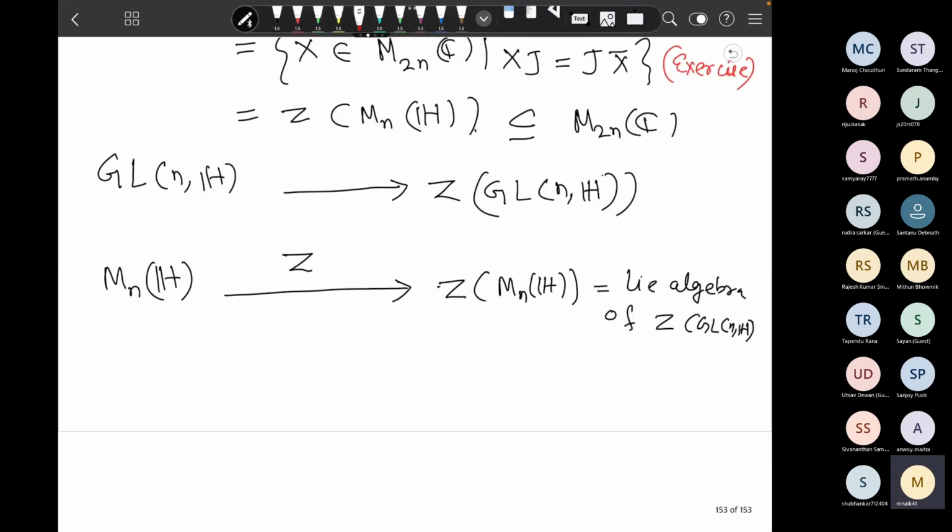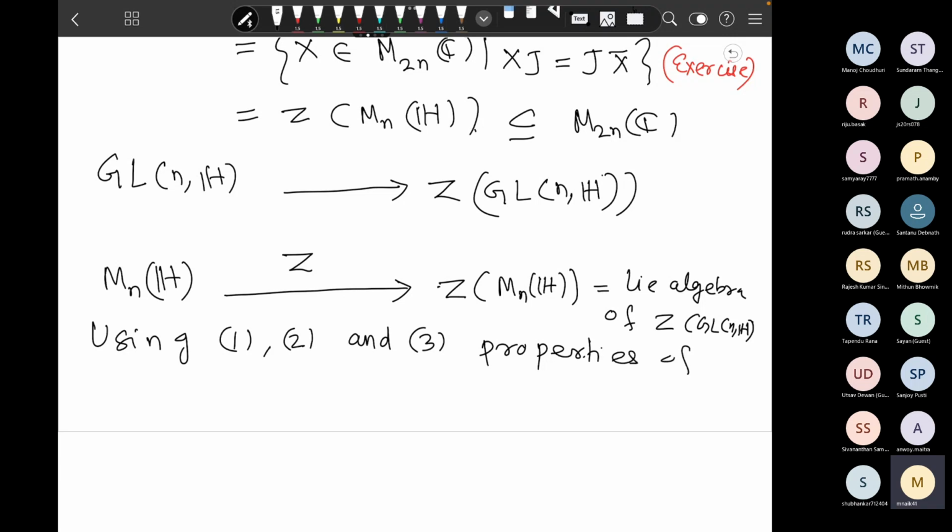So this is a very important thing. Using properties 1, 2, and 3, we see that Z from MnH to Z(MnH) is a Lie algebra homomorphism.